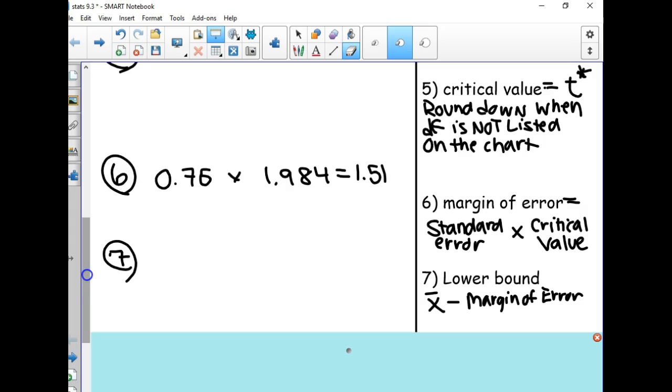So our average is 18.35 minus our margin of error of 1.51. And this gives us our lower bound for our 95% confidence interval. Can someone calculate that for me? 18.35 minus 1.51.